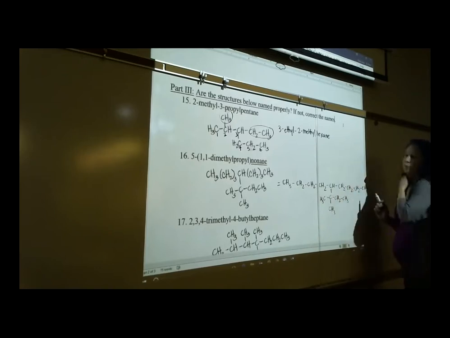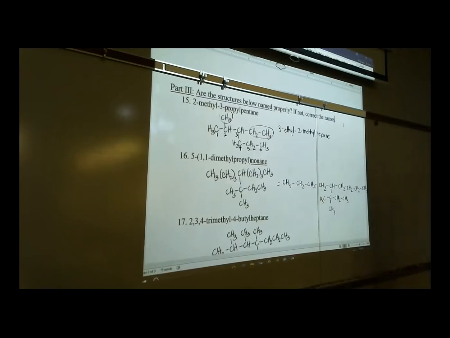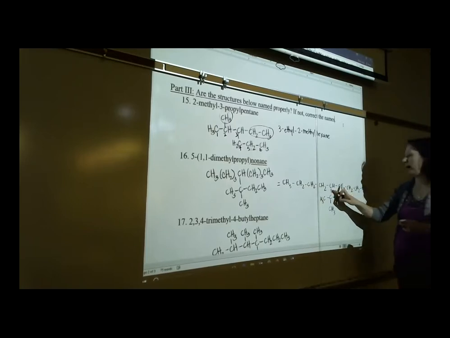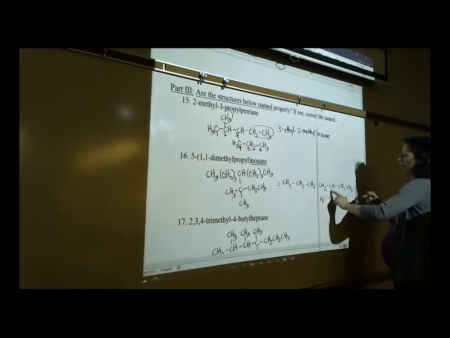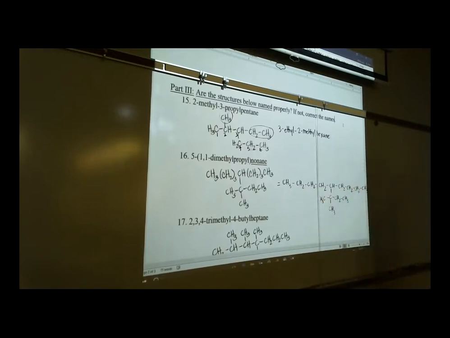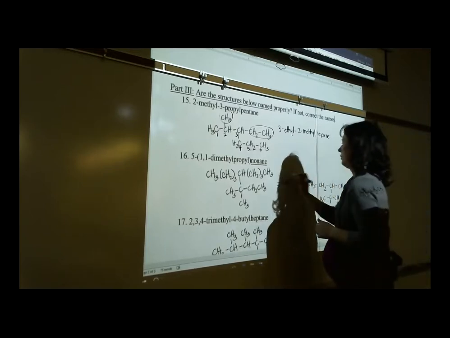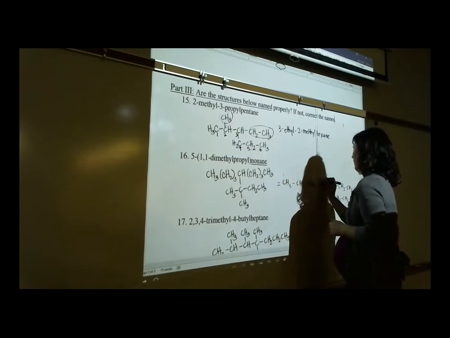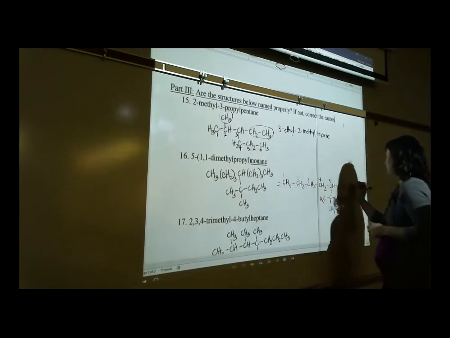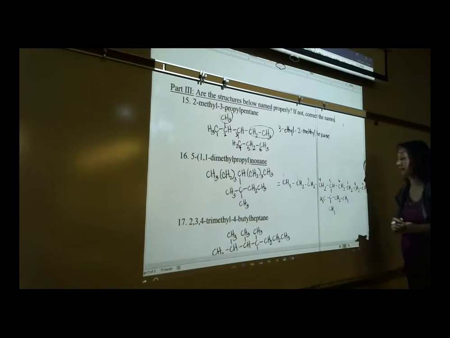Yep, so what is the parent chain? It is a nonane, right? So now we just need to decide where's carbon number 1. 1, 2, 3, 4, 5. 1, 2, 3, 4, 5. It's not going to matter either end, right? So 1, 2, 3, 4, 5, 6, 7, 8, 9.